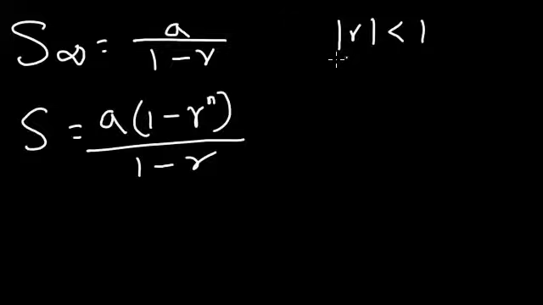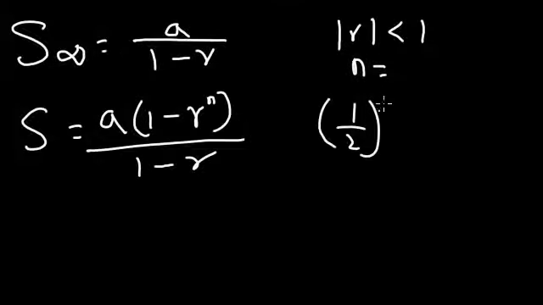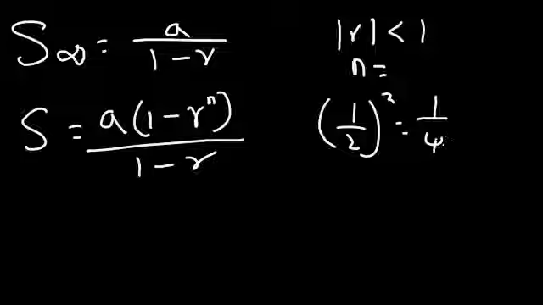So if that is the case, for the sum of terms, if the number of terms gets larger and larger, what will happen to r raised to the power n? If r is a fraction less than 1, consider 1 over 2. If we do 1 over 2 raised to the power 2, that becomes 1 over 4.